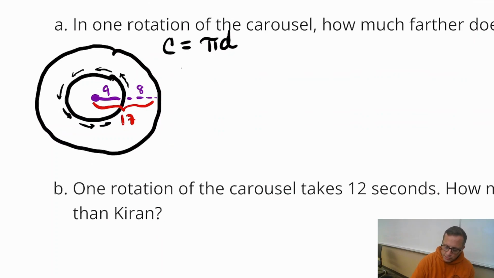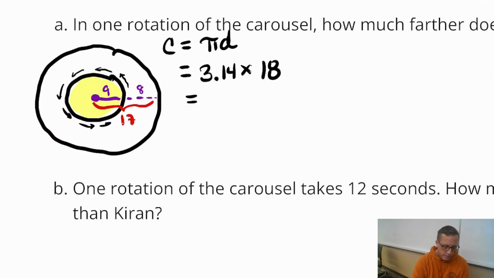So for this one, 3.14 times, and I'm going to do the inner circle first, which has a radius of 9, so the diameter is 18. So that's 18 right there.